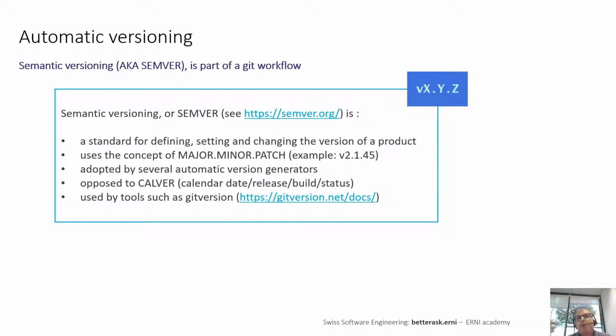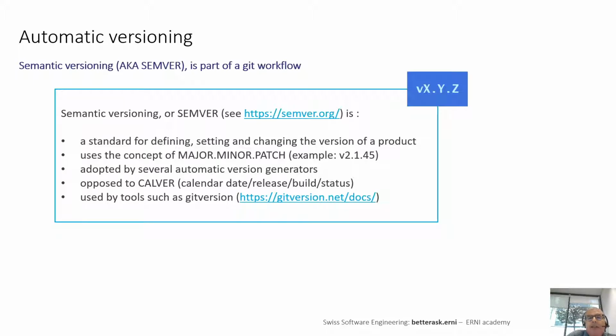And if you change the patch number, it's just a number, and of course it does not break backwards compatibility. Semantic versioning is opposed to calendar versioning, which uses the day, the year, the build number, the release number, the week. It's different. It's more automatic.